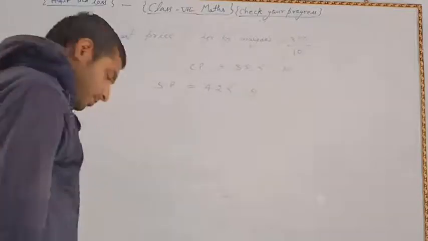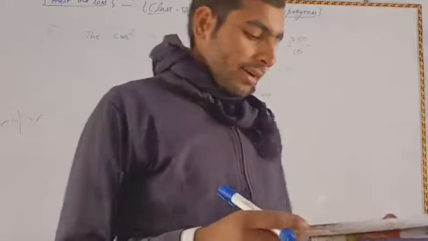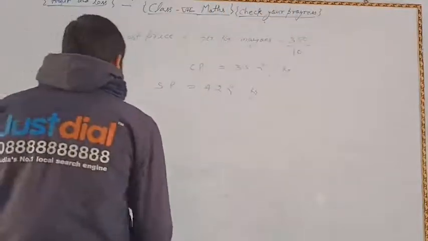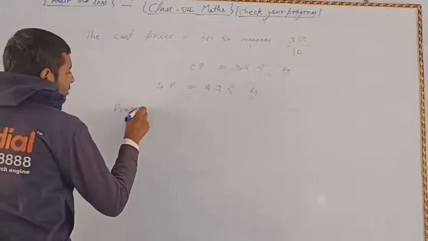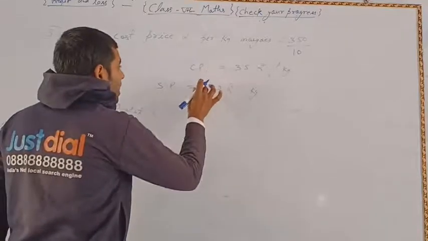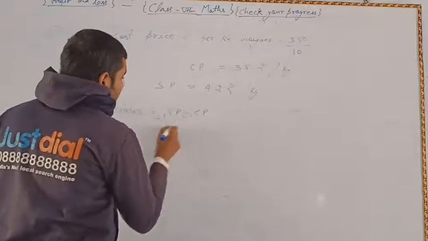Again, how much profit did he make for 1 kilogram of mangoes? You know that profit is equal to SP minus CP.